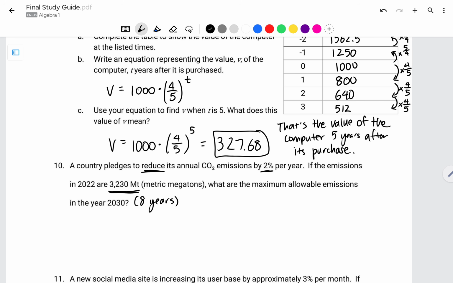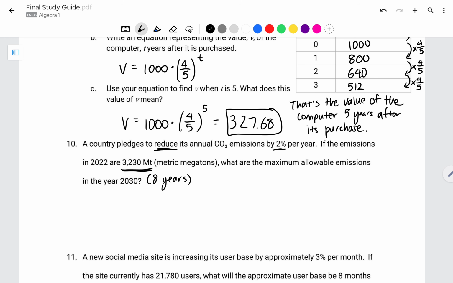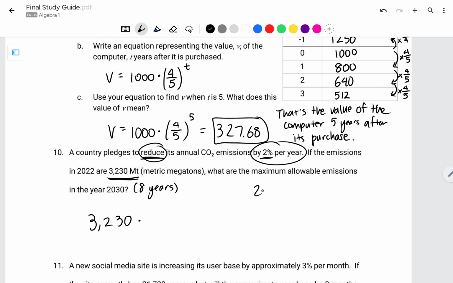So let's write out our equation. It started at 3,230. And then we have to multiply by either a growth factor or decay factor. It's reducing 2%. Remember, how do you write 2% as a decimal? That's 0.02. Right?